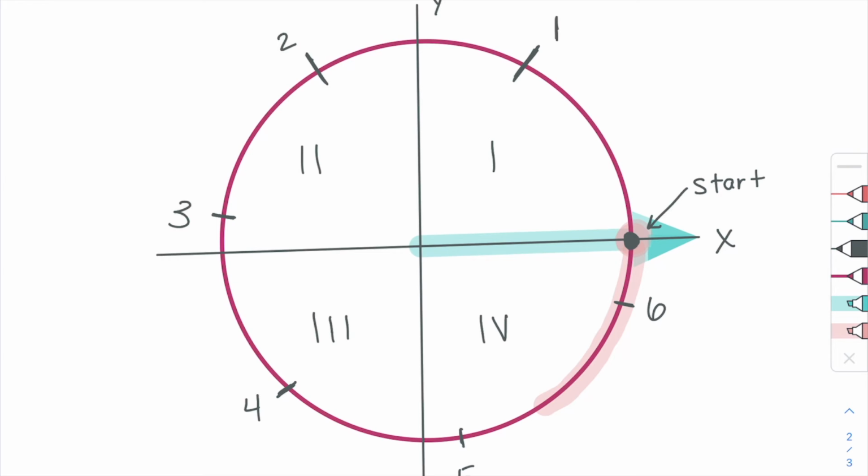If you have a different color, I would do it in a separate color, or do it in your pencil, just to make it a little bit easier to read. And you're going to keep going and do the same thing until you get back to the start, but not past the start.